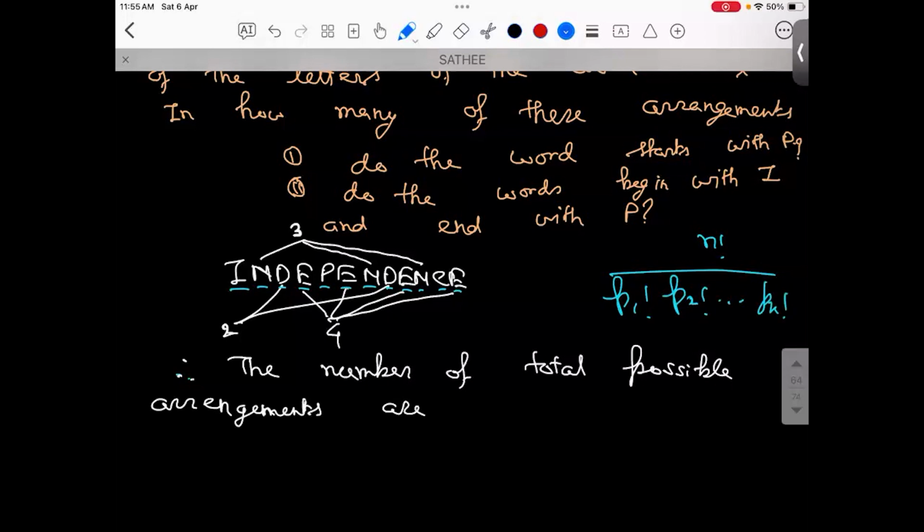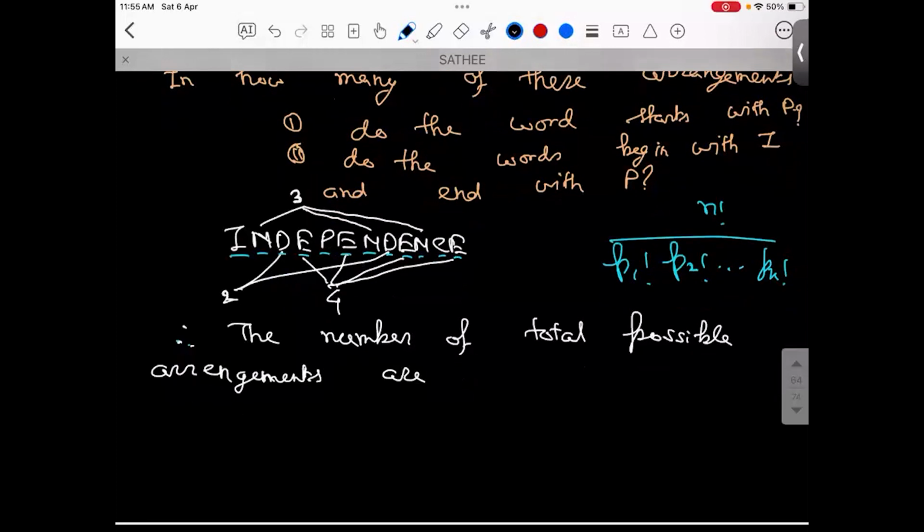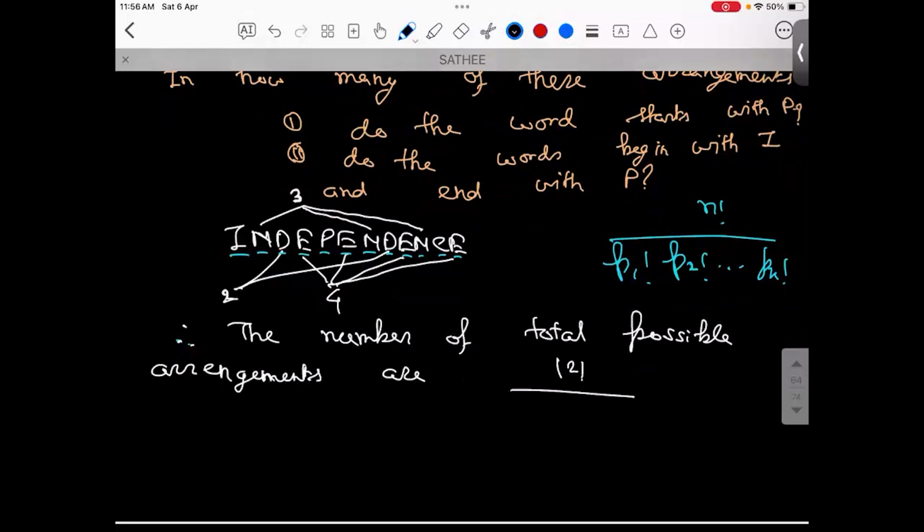Now, here the total number is 12 factorial. How many of them have been repeated? Repeated numbers are 3 factorial, 4 factorial, and 2 factorial.